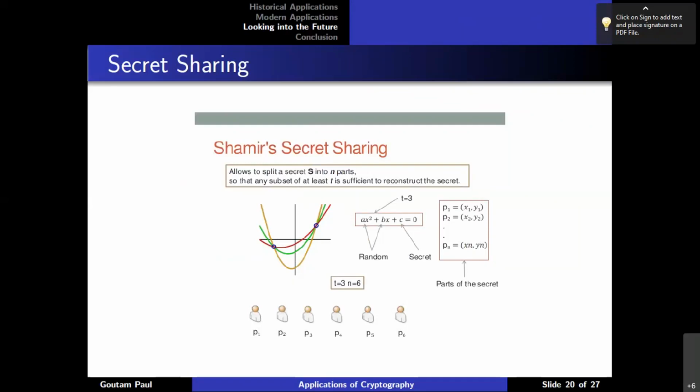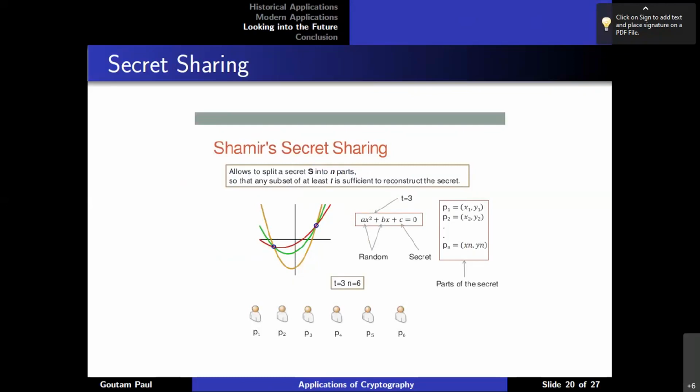Then if any 3 out of those 5 meet together, they will plug in their x and y coordinate values, and with those 3 x and y values we can uniquely find the degree 2 polynomial, ax square plus bx plus c. We can find it from any 3 points on the curve, but with fewer than 3 points we cannot uniquely identify the polynomial, right? So once we identify the polynomial, c, the secret, can be extracted.